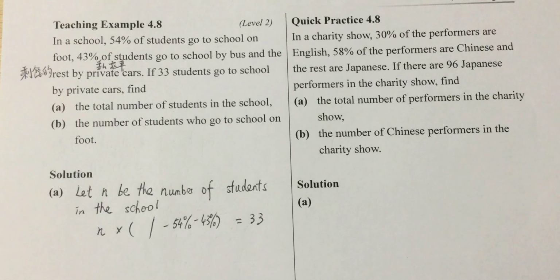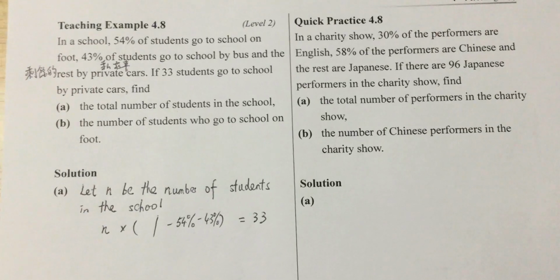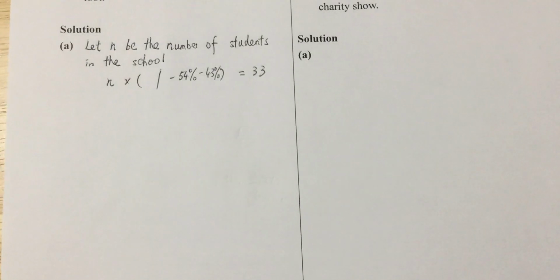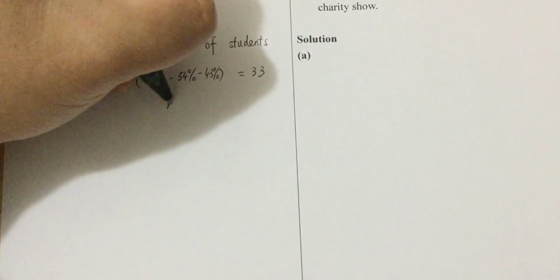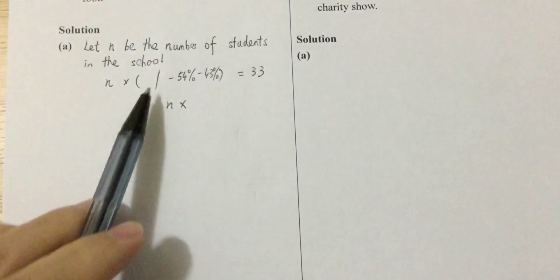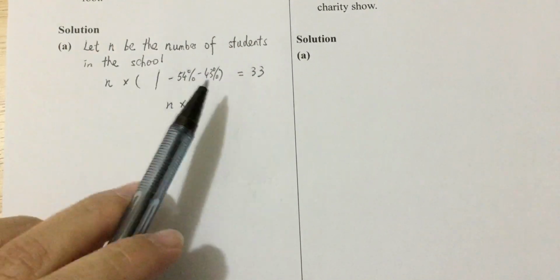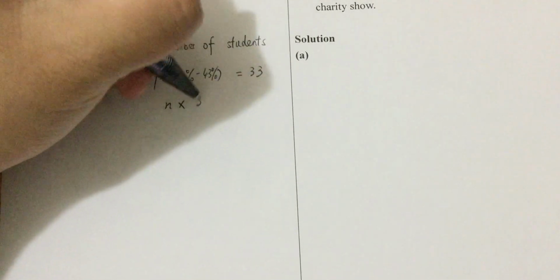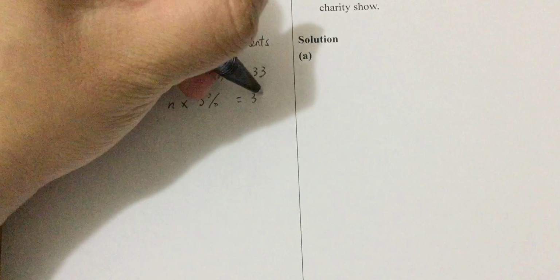So we're going to calculate this now. I move it down so there is enough space for me to calculate it. Okay, now write it down. So this is n times 100% minus 54% and 43%. So this is only 3%, and it equals 33.